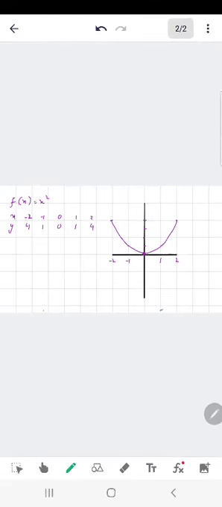Now if I want to see if this is a function or not, I have two conditions for functions. Number 1 is all the domain elements. I told you in the previous video that domain are the values of x.